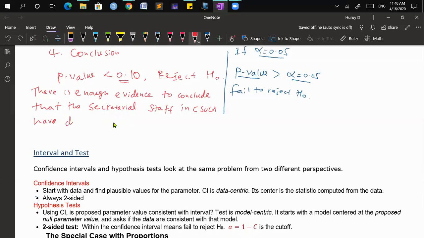So I will put different. Okay, so that's the conclusion in the context of the problem. So always, after taking this decision, after rejecting or failing to reject the null hypothesis, you have to write it in the context of the problem.